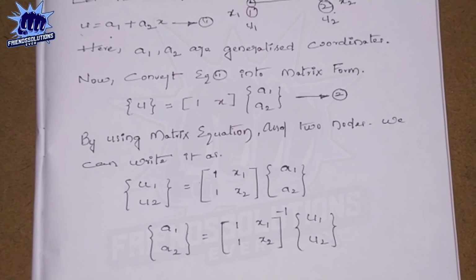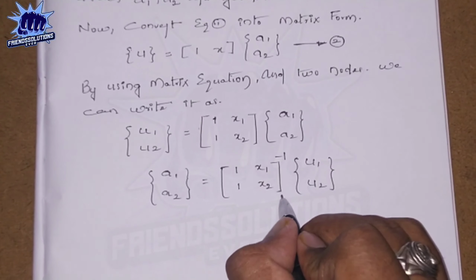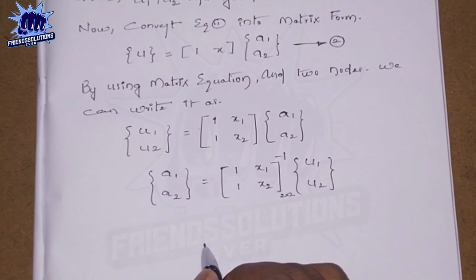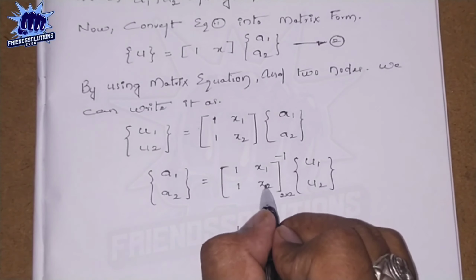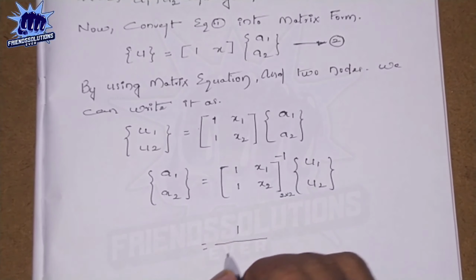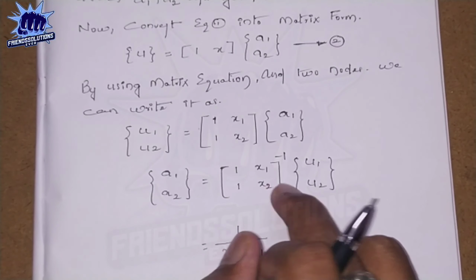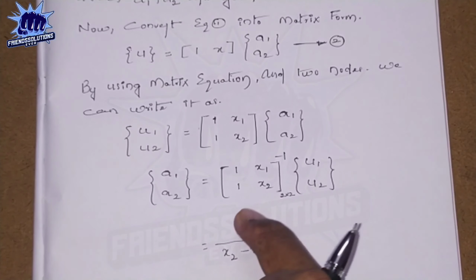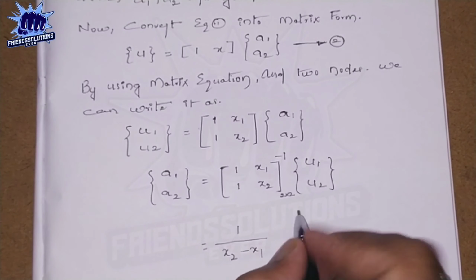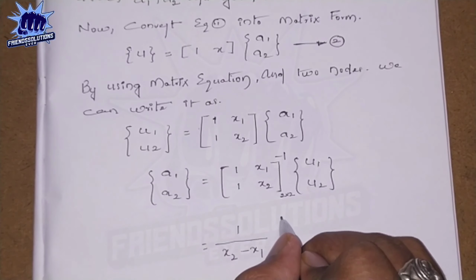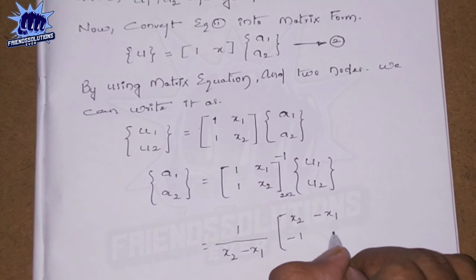Now we already know the inverse formula for 2 by 2 matrices. It is 1 by (x2 minus x1), the inverse formula being the adjoint, the transpose of the cofactor matrix, divided by the determinant of A. In the same way, we transpose to get x2, minus x1, minus 1 and 1.